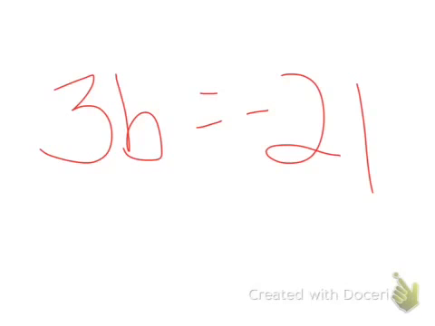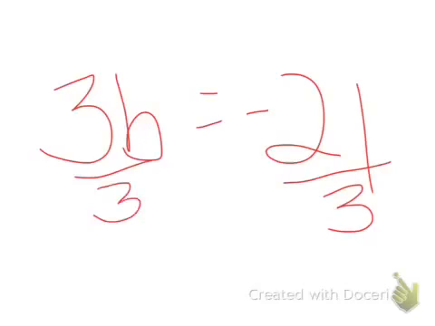All right, so let's do another problem here. How about if we have 3b is equal to negative 21? First thing we have to do is get that letter alone. The shortcut, remember, as always, whatever you're doing to the one side, do the opposite to the other side. So we're taking b times 3, so what we can do is divide both sides by 3.